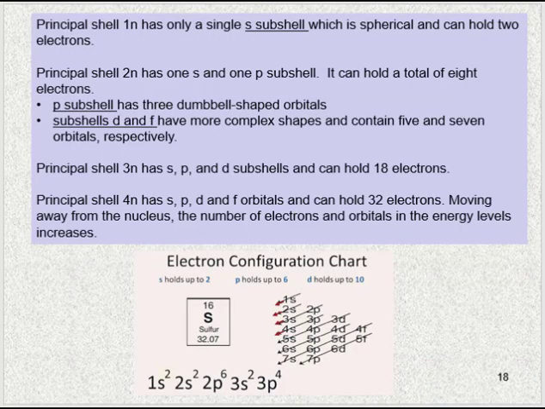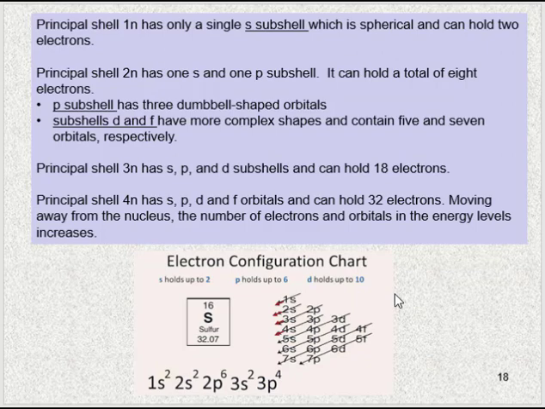So the way we represent how these electrons fall within their electron orbitals is called an electron configuration. Down here at the bottom, you can see what we call an electron configuration chart. It shows how these electrons fall into these shells and subshells.